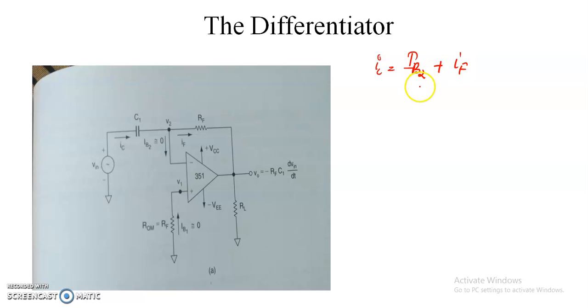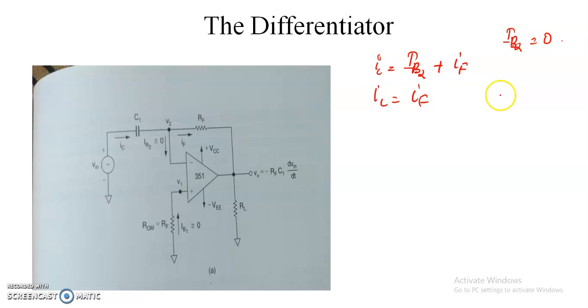Here IB2 is the current flowing into the operational amplifier and IF is the current flowing through the feedback network or the feedback resistor RF. But by assumption no current will flow into the operational amplifier due to the infinite input resistance. So we can take IB2 equal to 0. So IC will be equal to IF.